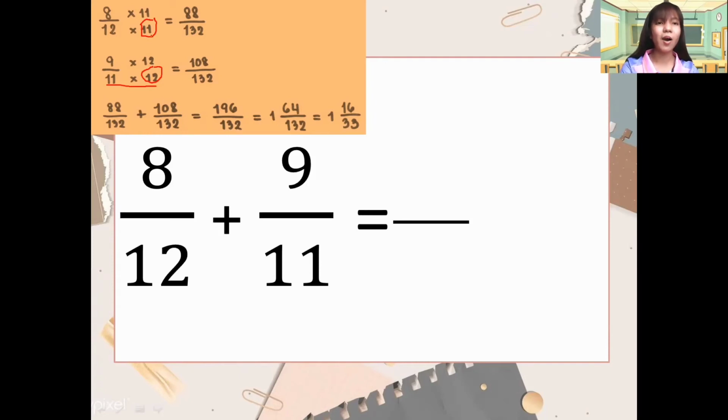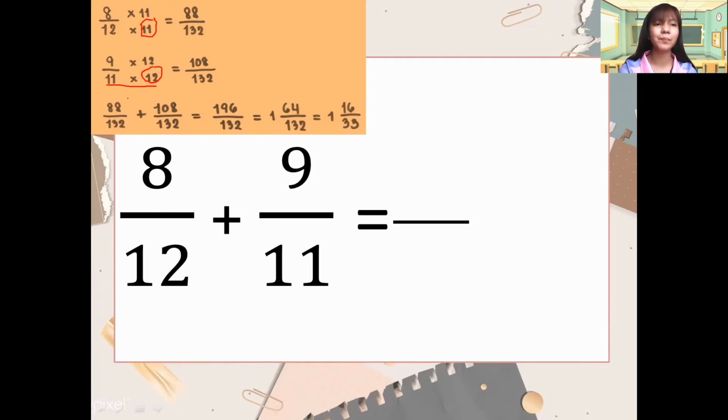So this is how we can make the same denominators, by multiplying 12 to 11 and 11 to 12. So here now we have 88 over 132 plus 108 over 132. Now we have the same denominators. We can now add the numerators.